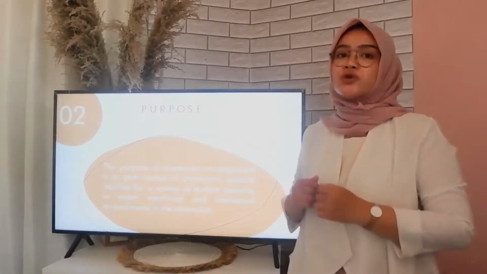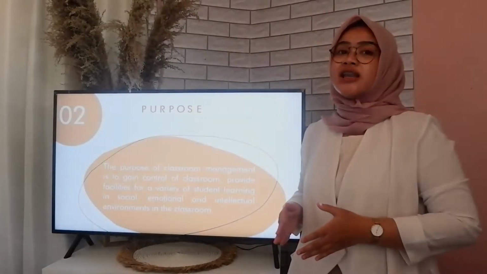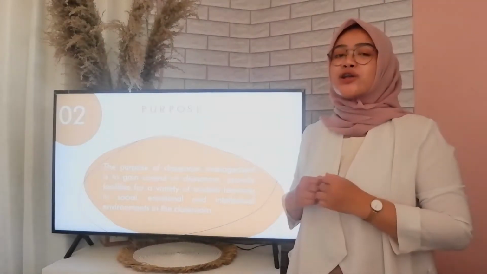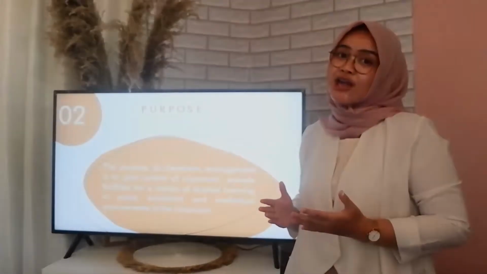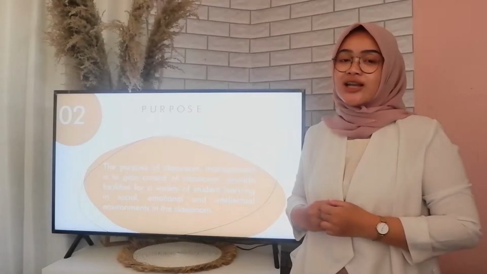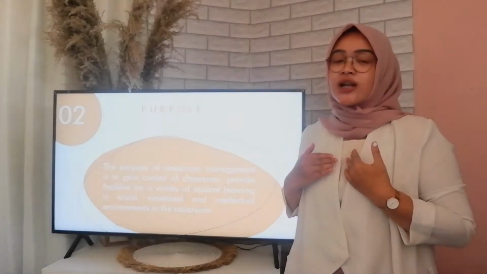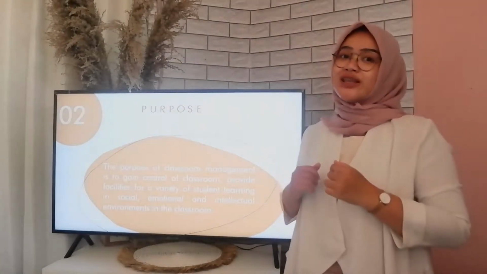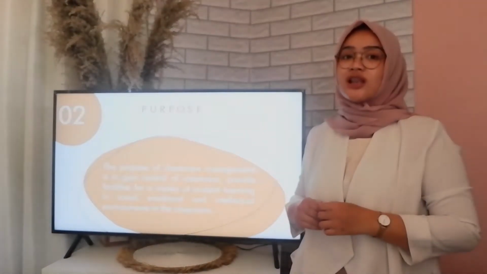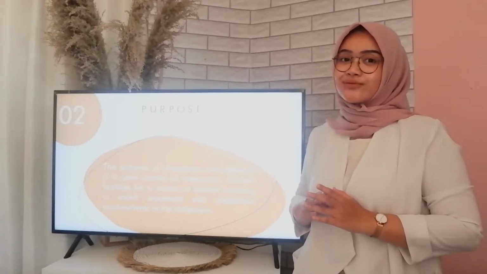While the students are in the classroom, they must understand that they are in a process of becoming better behaved and more knowledgeable. So we as teachers need to manage the classroom, need to manage the diversity in the classroom so the class doesn't get cluttered.